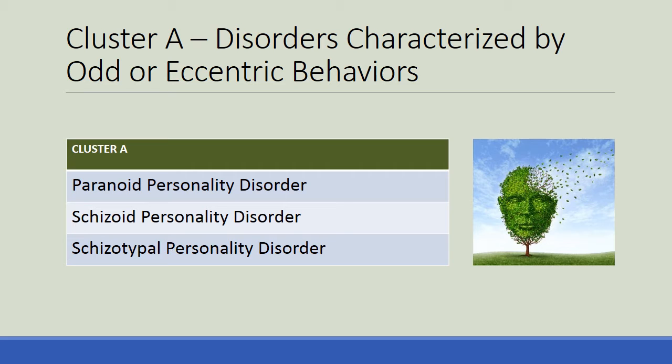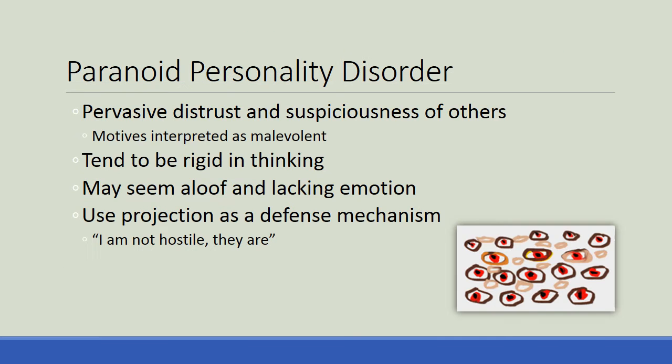Let's begin by looking at Cluster A personality disorders, and they are paranoid personality disorder, schizoid personality disorder, and schizotypal personality disorder. With paranoid personality disorder, there is a pervasive distrust and suspiciousness of others. Others' motives are interpreted as malevolent.